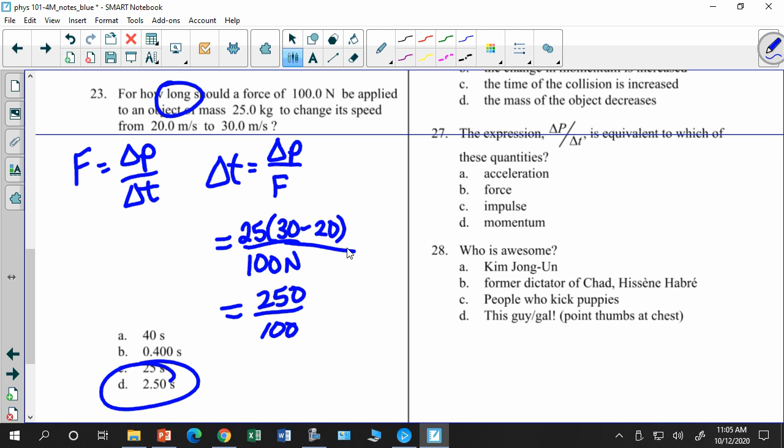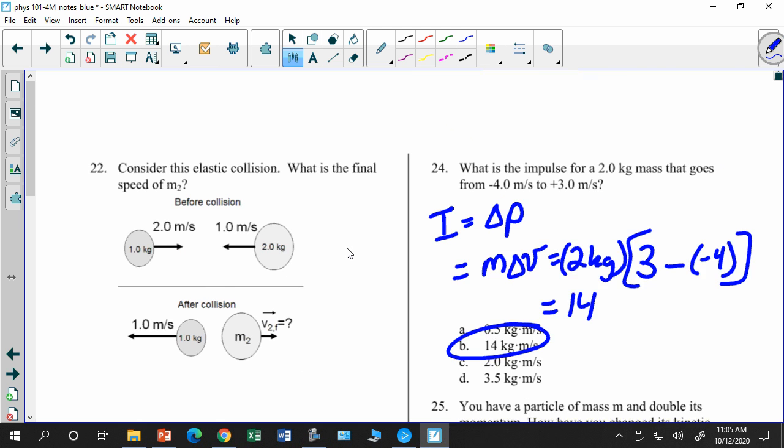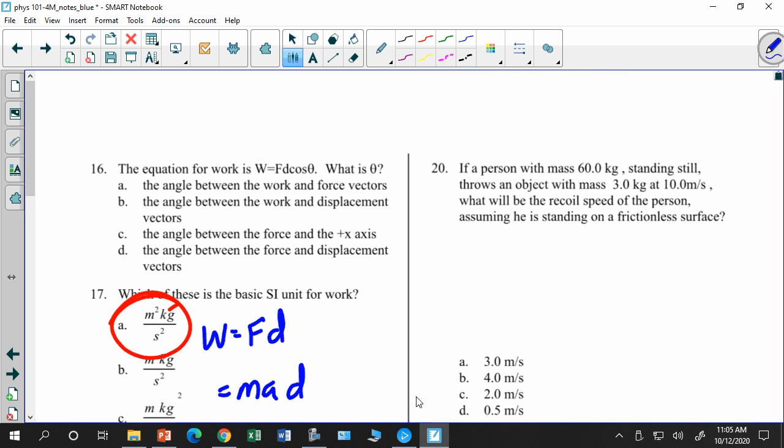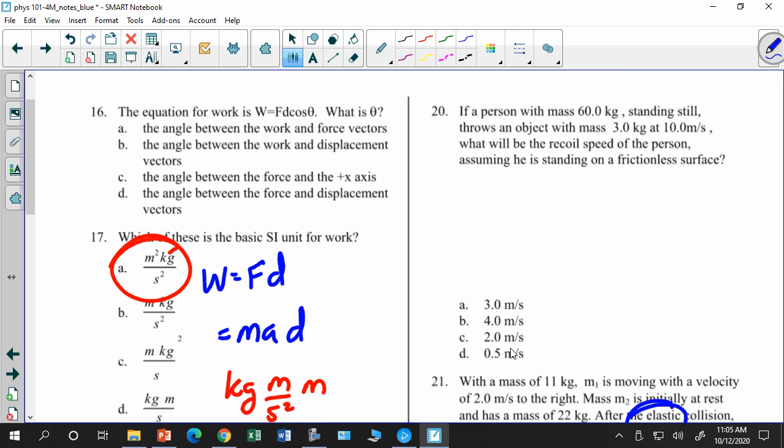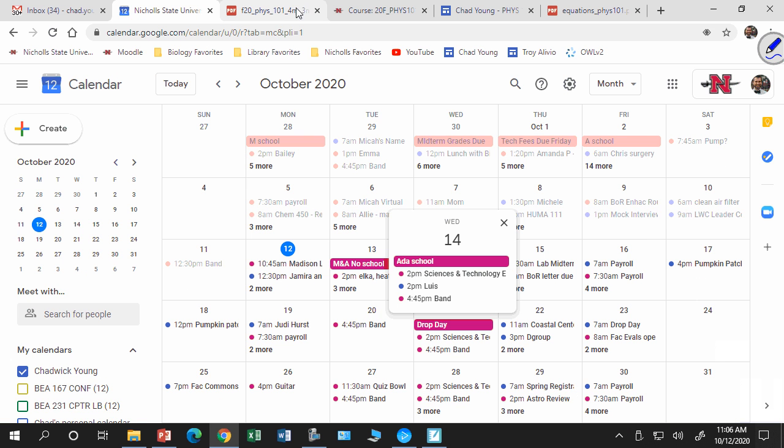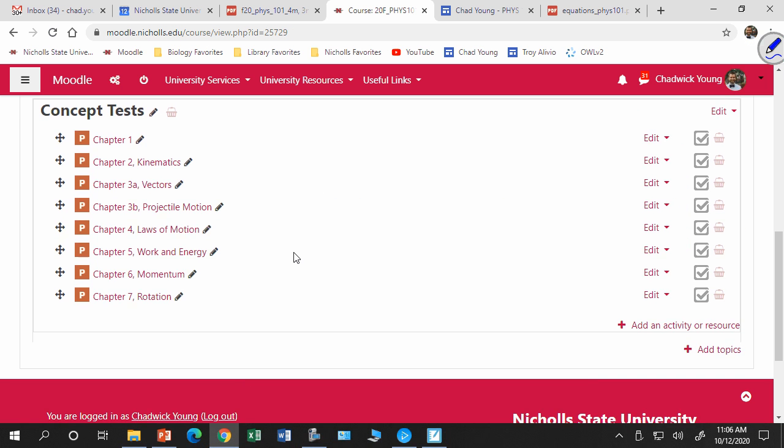So, yeah, number 20. Good question. It's one of these where it really helps you to draw the picture. By the way, on the Moodle page, make sure that you're not neglecting these concept tests.